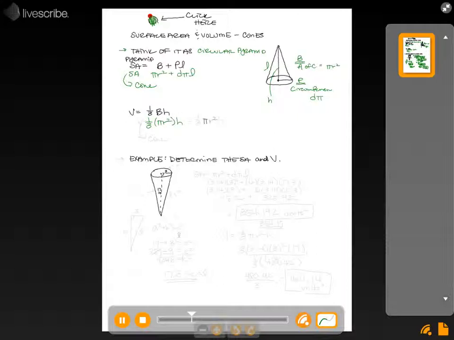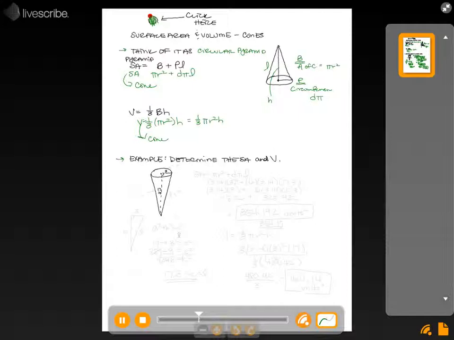So we have 1/3 pi r squared h. That's your volume of a cone. Alright, now we've made them more specific for the shapes that we've got. We're not using the generic formula anymore. We're making the formula specific for a circle, which is the base on a cone.